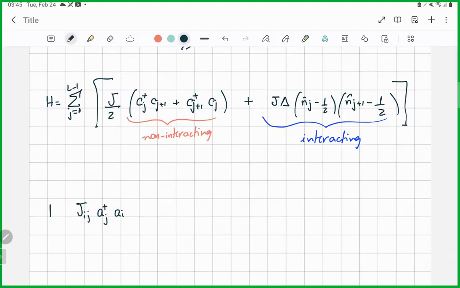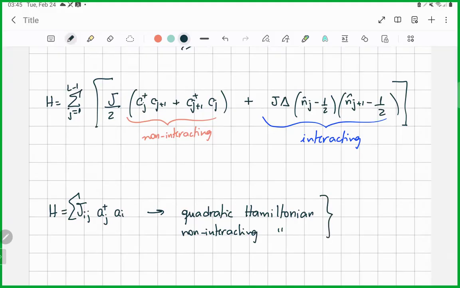A Hamiltonian that involves just terms like this is what we call a quadratic Hamiltonian, because it only has these bilinear terms. A quadratic Hamiltonian is a non-interacting Hamiltonian. Why is this so important? Because they can be solved analytically. These are very simple systems. They are integrable Hamiltonians. Okay, they can be solved analytically.